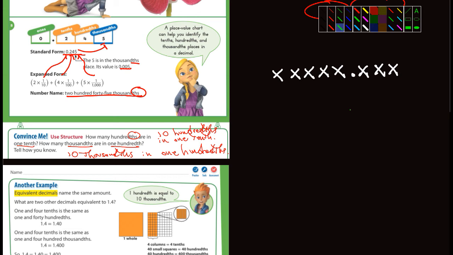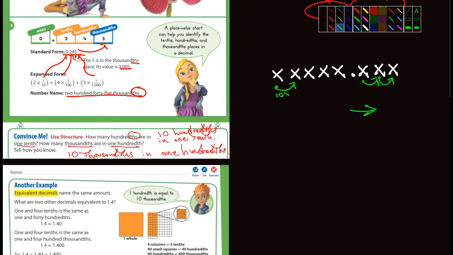If you're going in this way, okay, so this one here is 10 times larger than that one. And this one here is 10 times larger than that one. And this number here is 10 times larger than that one.